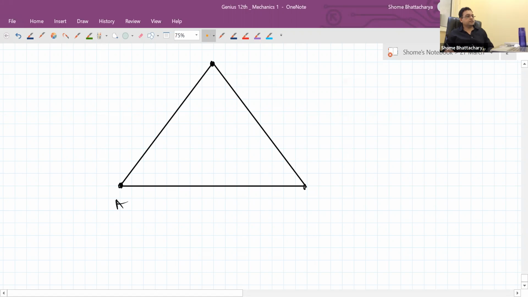So initially you have three particles on a two-dimensional plane lying at the corners of an equilateral triangle.